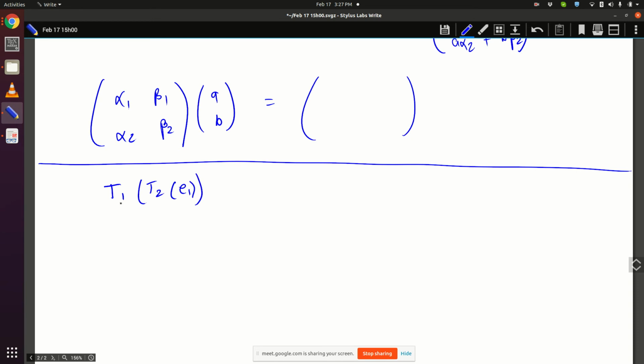It's like multiplying the matrices corresponding to each of them, so this is like multiplying MT1 times MT2. This is for any vector x. That's why you have matrix multiplication.